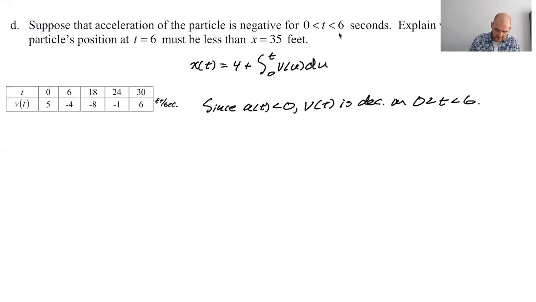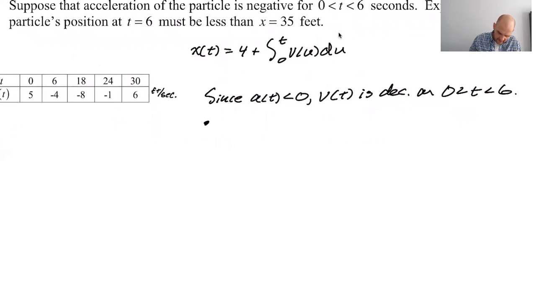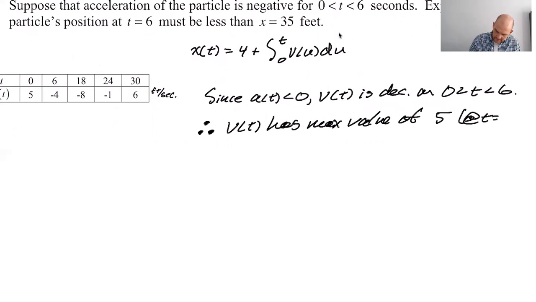I'm just really stating something, but putting it in the context of the problem. Therefore, v of t has max value of 5, and that occurs at t equals 0. So we're starting at a velocity of 5, and then it's got to decrease everywhere.